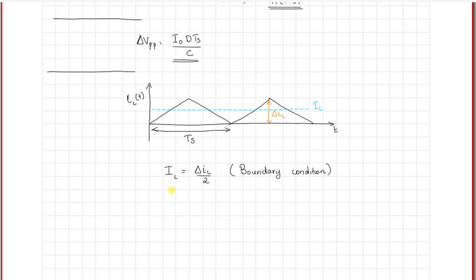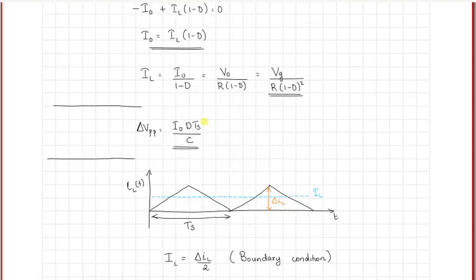And therefore, if we now substitute the values, we have delta IL, which is Vg by L into dTs. So delta IL by 2 is then Vg by 2L times dTs, and this should be equal to the average value of inductor current IL, as we have seen, and we have already written down the expression for the average value of inductor current in terms of the input voltage, that is Vg by R times (1 minus d) the whole square.